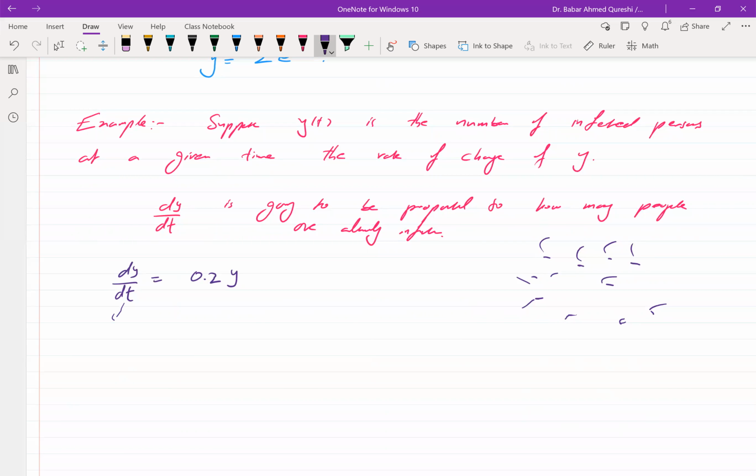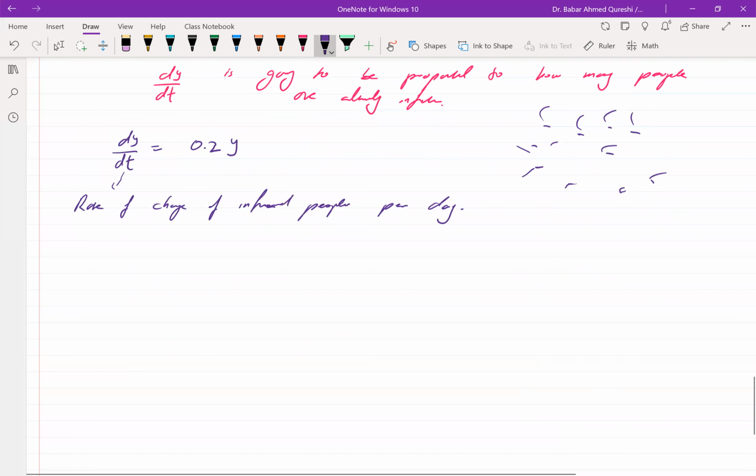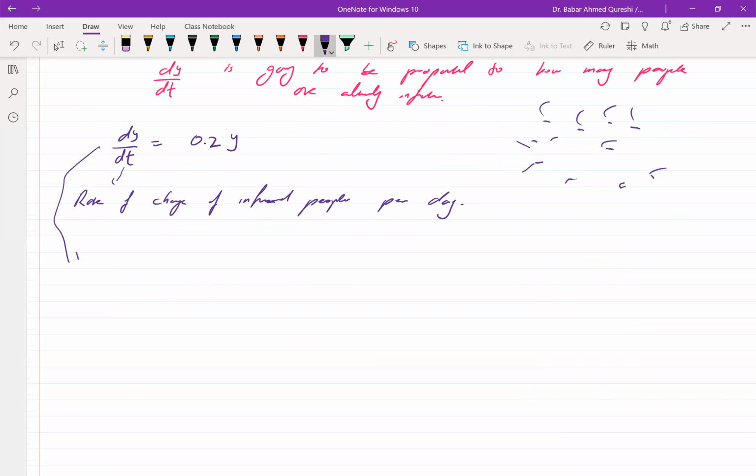So then this is telling you the rate of change of infected people per day. So as we have seen, this equation, its solution is this.